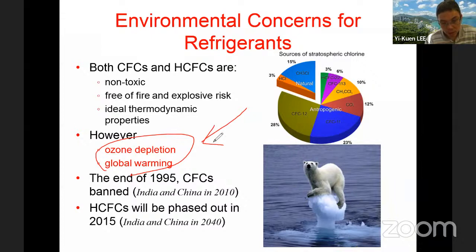So that's why gradually all these chemicals have been banned. By the end of 1995, CFC was banned and HCFC was phased out. So gradually we need to find a better refrigerant, replace the old one, and minimize the impact, right?